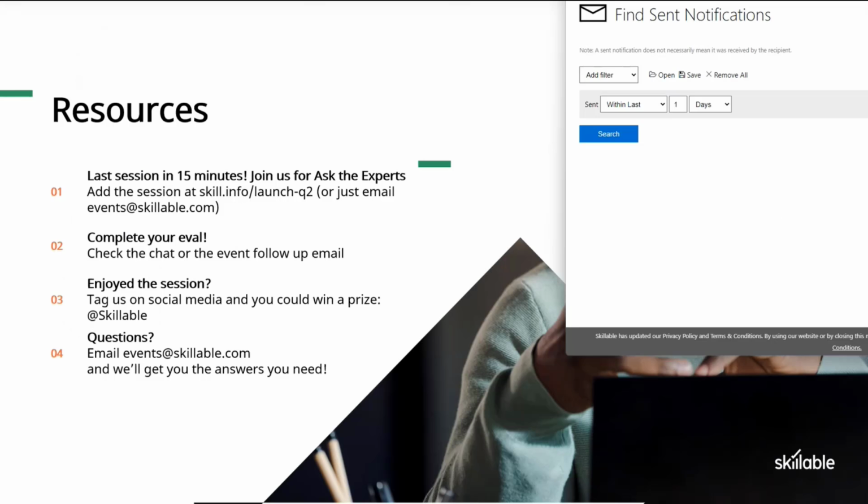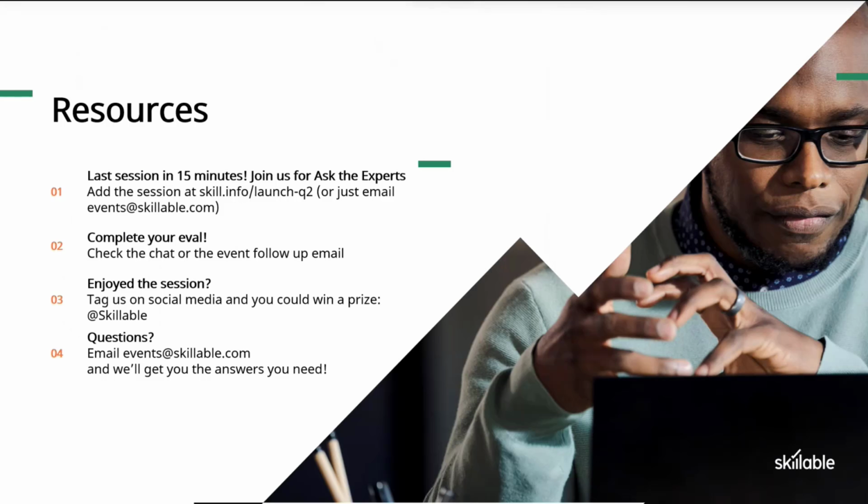Let me take this off for a second and see if I can find an organization. You can look at the status: was it sent, delivered, is it in a queue to go out, and when it was sent out.